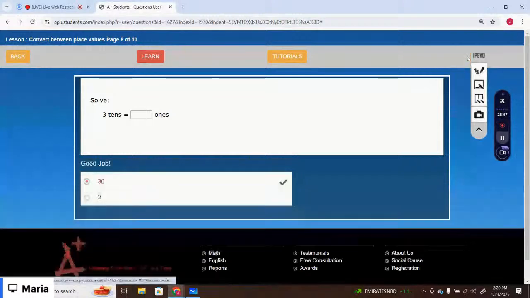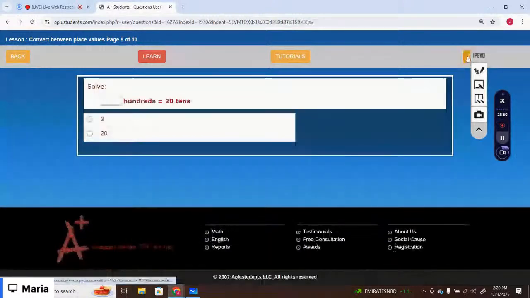The correct option is 30. 20 tens equal how many hundreds? 20 tens equal 200 hundreds, sorry, not 20.